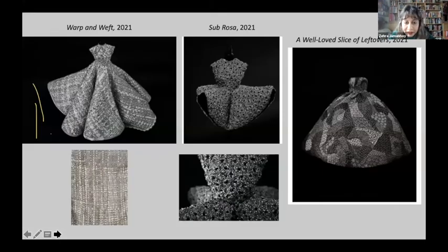Here is another close up, and as you can see, each garment you can look at from different angles, and they have different sculptural qualities. Like this sub rosa, if you're looking from on top, it's a completely different structure to something like that. This is the thing I was talking about, that there's no fashion illustration. The skirt has 2 circles.